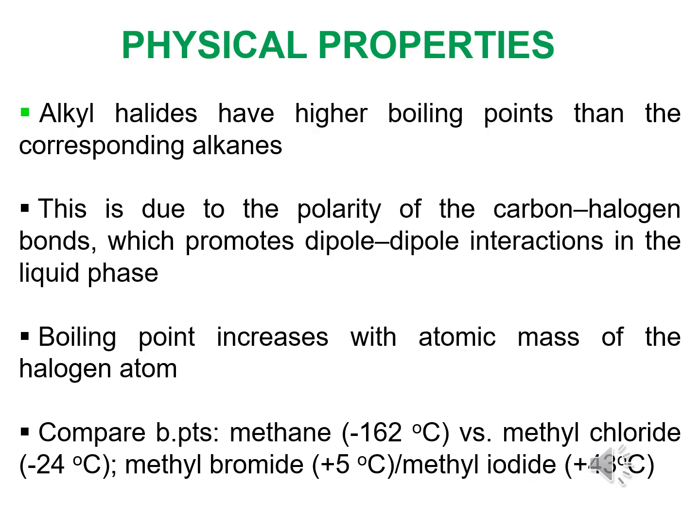Now, between -24 to methyl bromide, +5, meaning there is increase in molecular weight from chlorine to bromine, causing increase in boiling point. When it gets to iodine, the boiling point increases more, validating that the higher the molecular weight of the halogen, the higher the boiling point of alkyl halides.